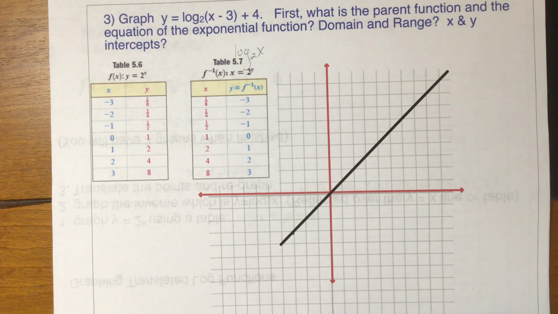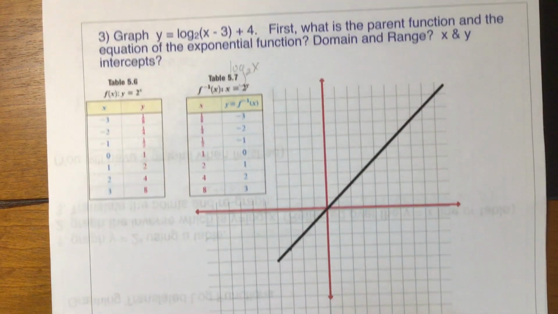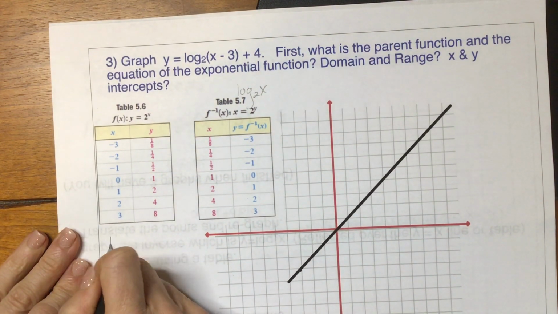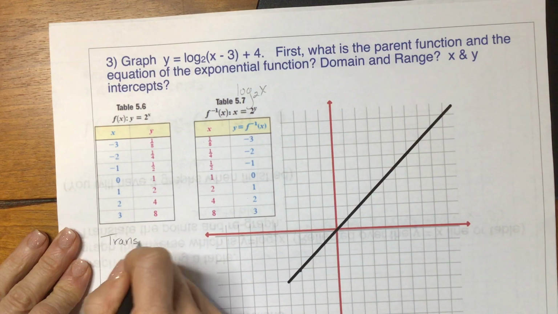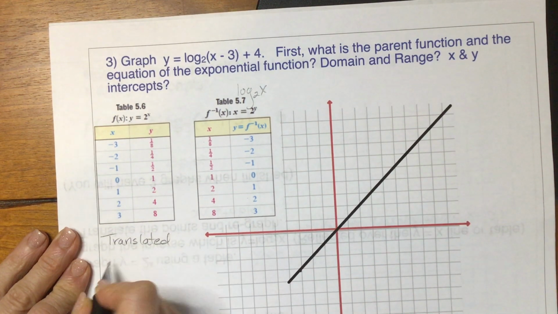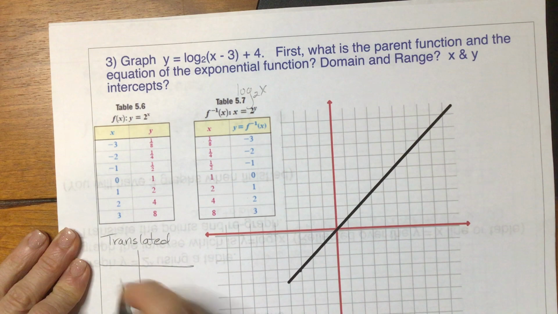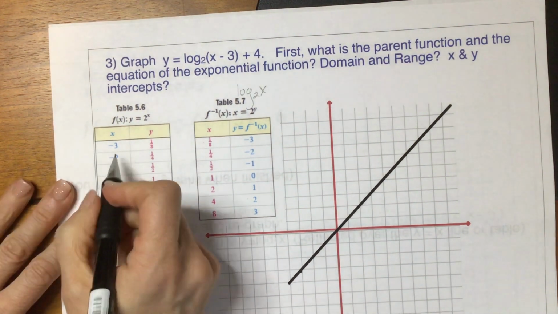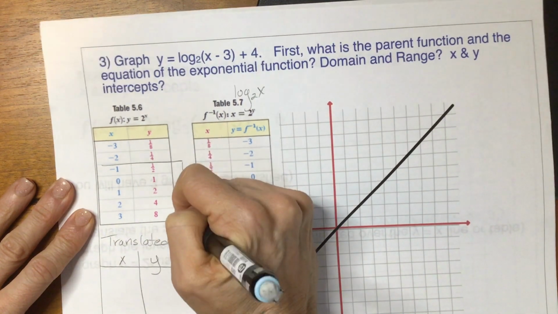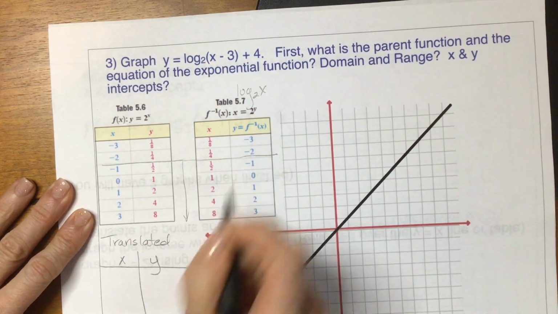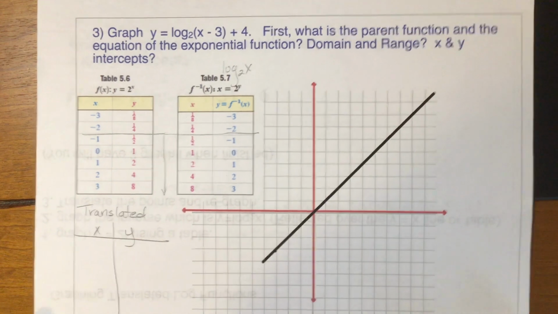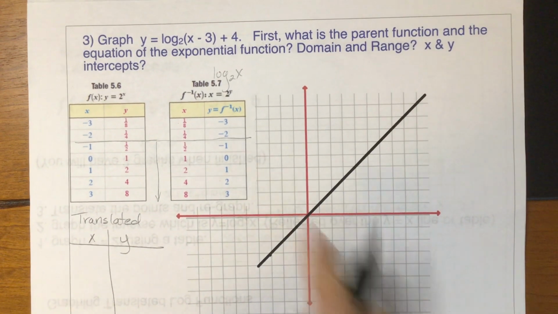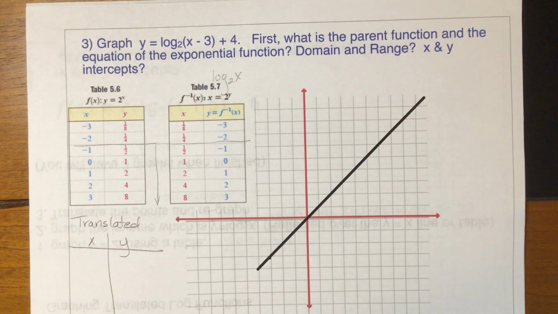And then finally, table number 3 is going to be our translated table. So down here we're going to put translated. We're going to have our new x and y's. And I'm probably just going to focus from here down in both of my tables just to make this video not so long.